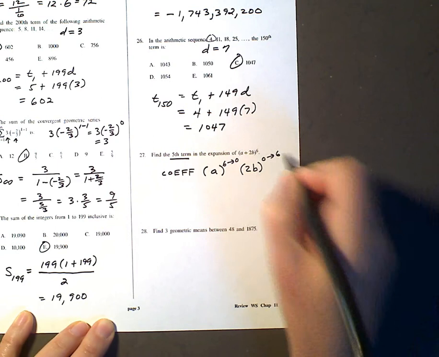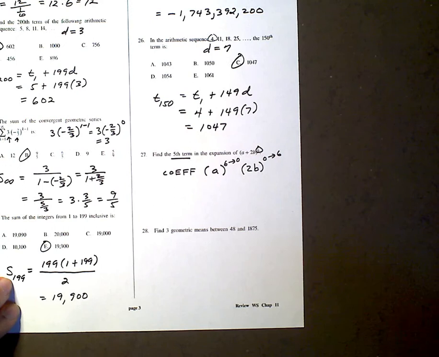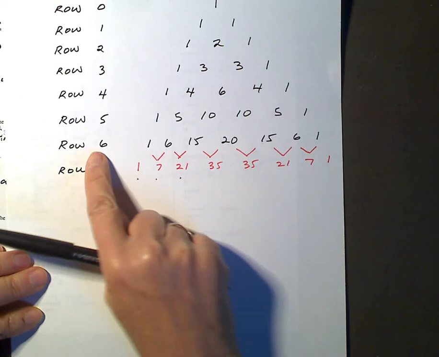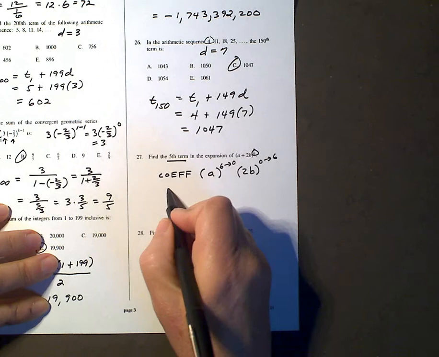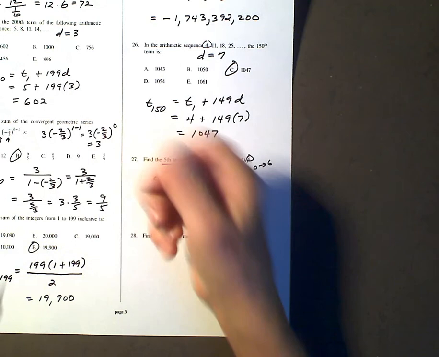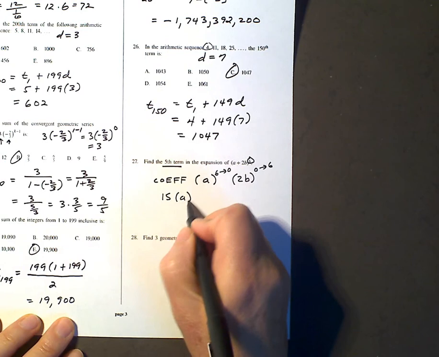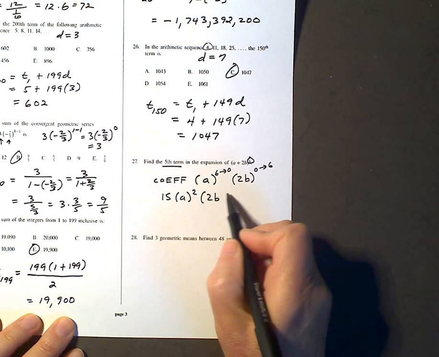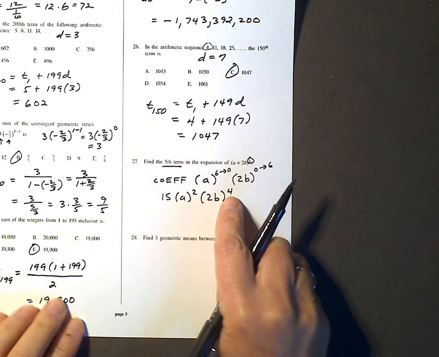So first I'm going to find in a sixth row expansion, a sixth row of Pascal's triangle, what the fifth term would be. So sixth row, 1, 2, 3, 4, 5. The coefficient will be 15. And a, for the fifth term, if I start with 6 and I go 6, 5, 4, 3, 2, the a will be raised to the second power, and then the 2b will be raised to the 6 minus 2, or fourth power, remembering that these two exponents have to add to the 6 up here.